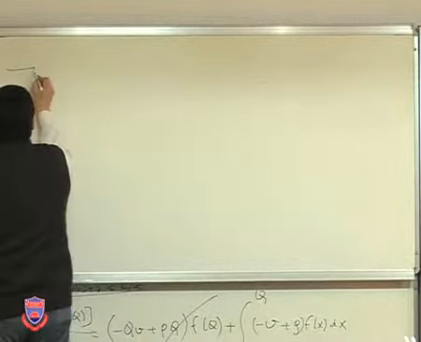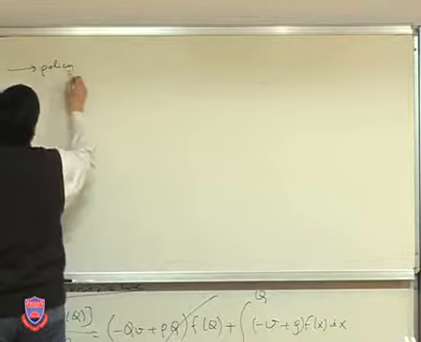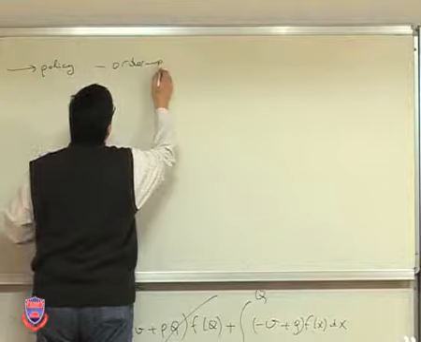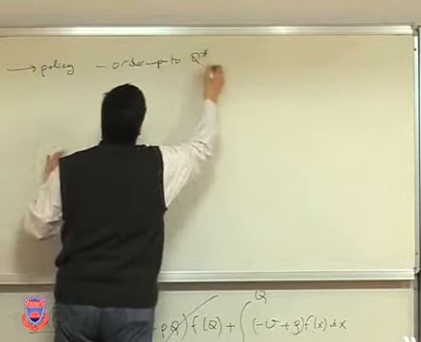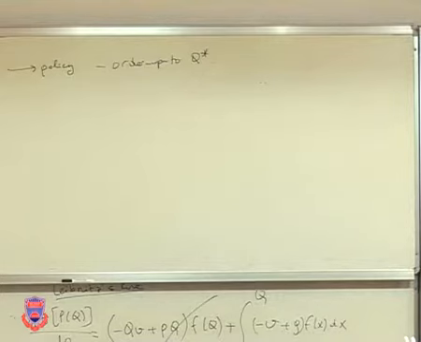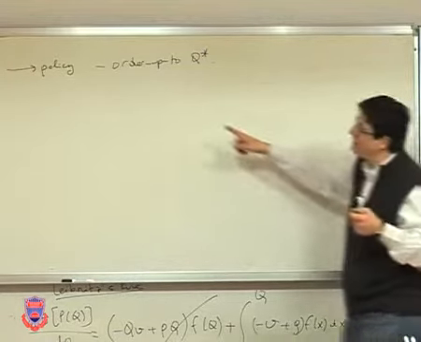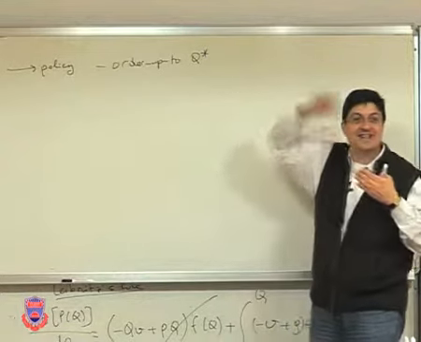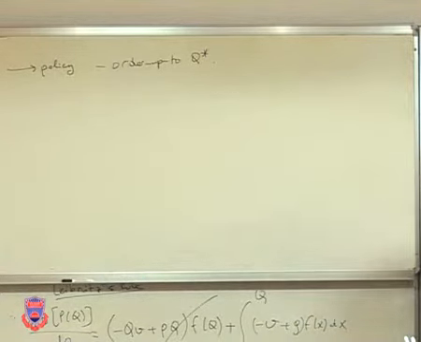Now, the policy that we are applying can be called an order up to Q star policy. This is one of the policies that you have in the stochastic inventory problems. We're going to have other policies. Usually, we have the form as order up to S, where S is a certain value which you really want to shoot up to.